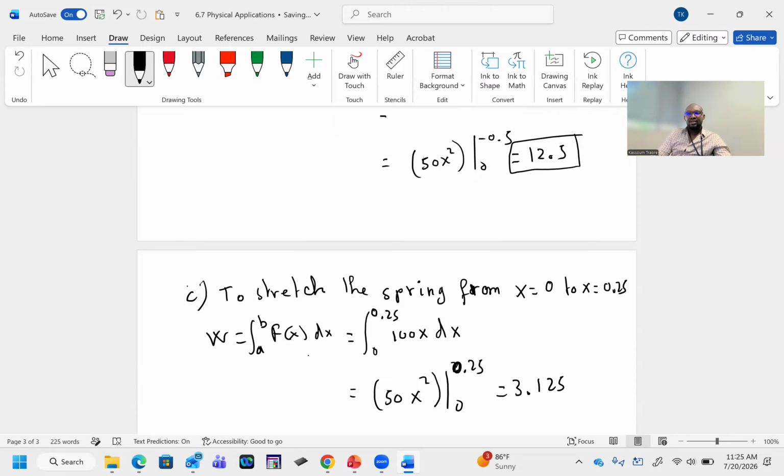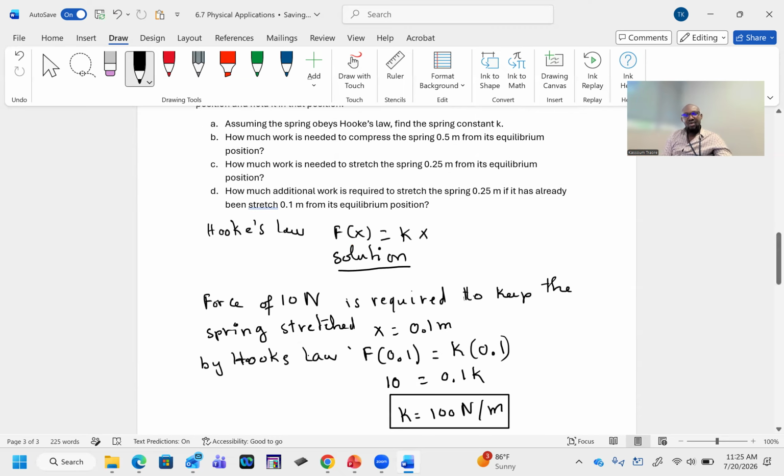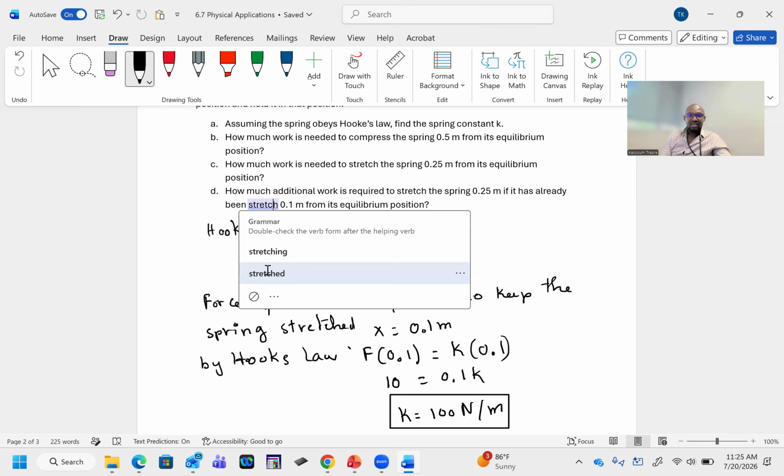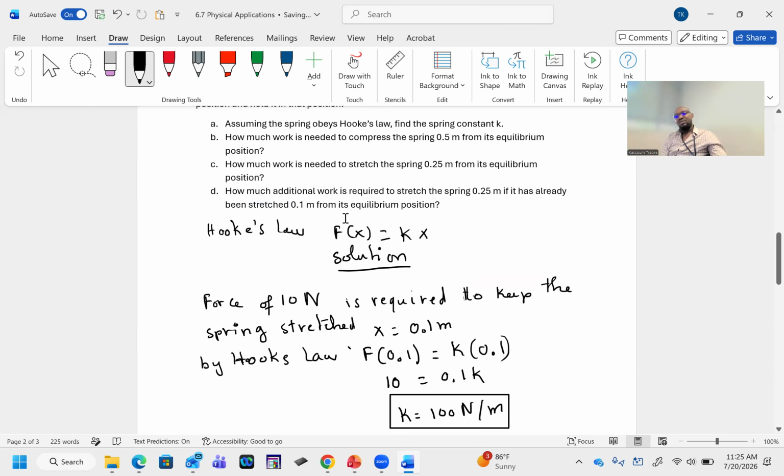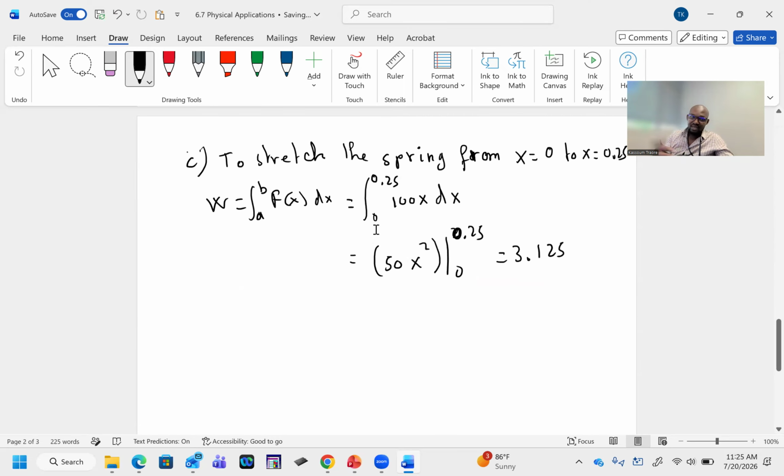And then last, not the least, how much additional work is required to stretch this spring 0.25 meter if it has already been stretched 0.1 meter from its equilibrium? So again, that's easy.